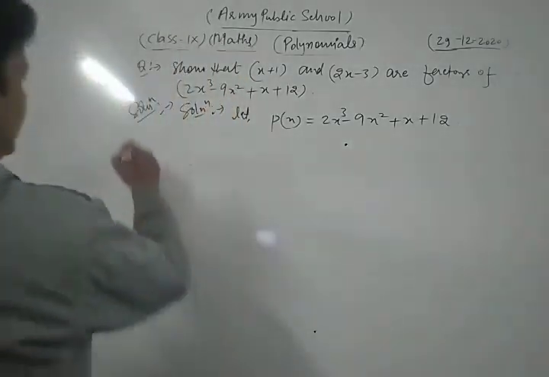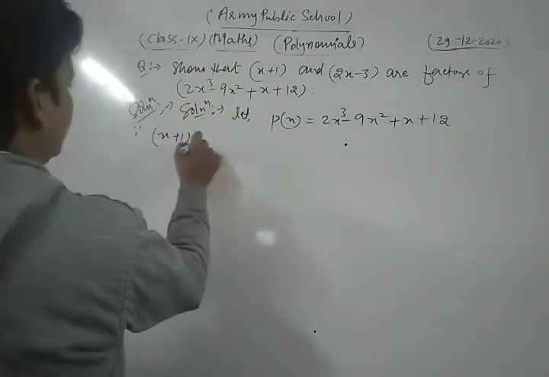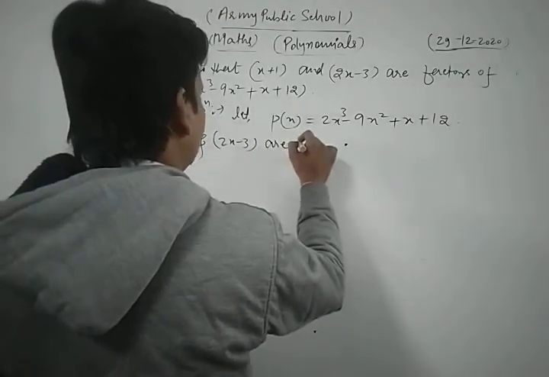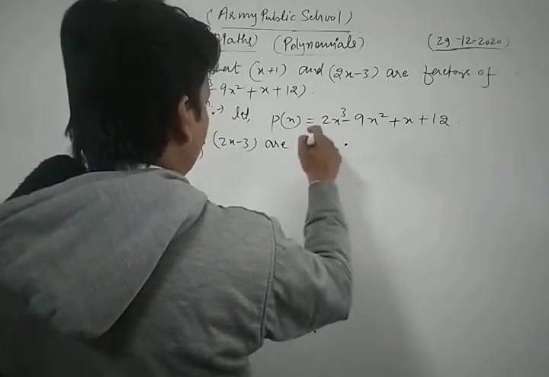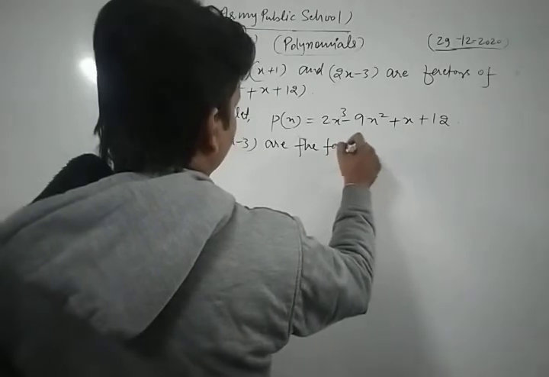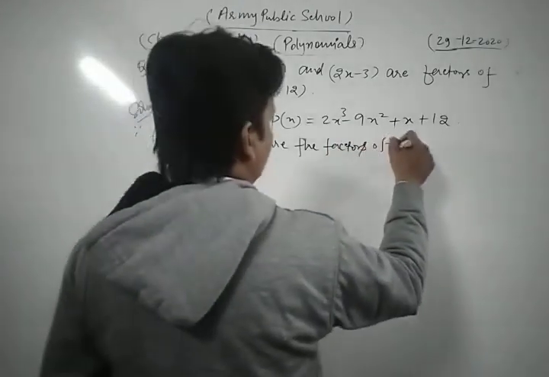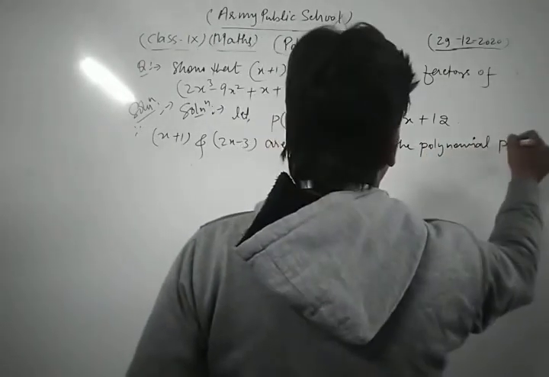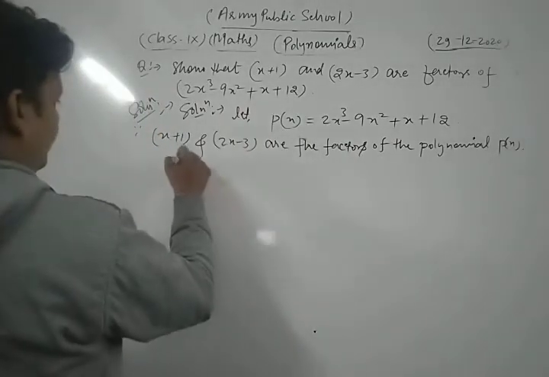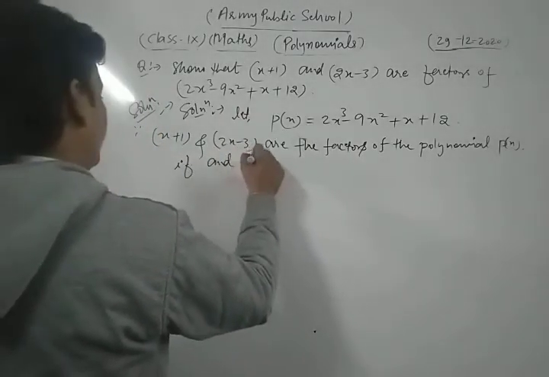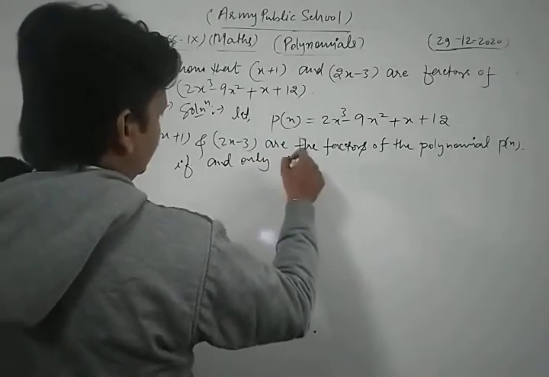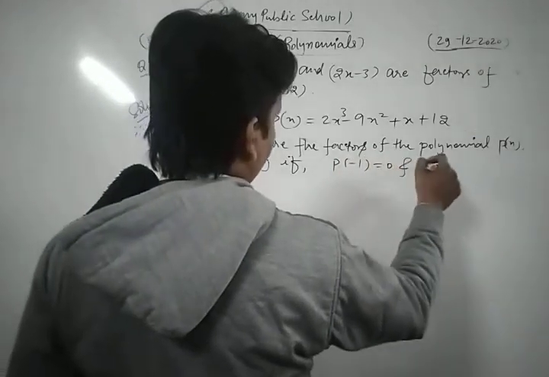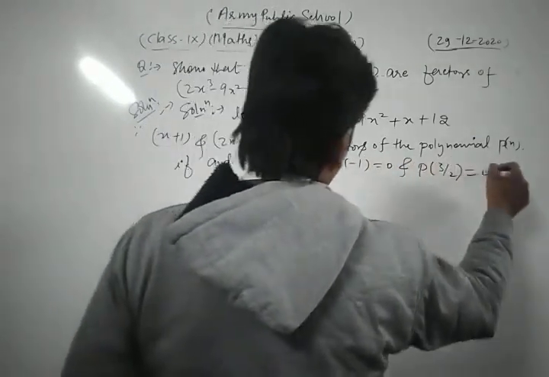Now let's see. Since x + 1 and 2x − 3 are the factors of the polynomial p(x) if and only if p(−1) is equal to 0 as well as p(3/2) must be equal to 0.